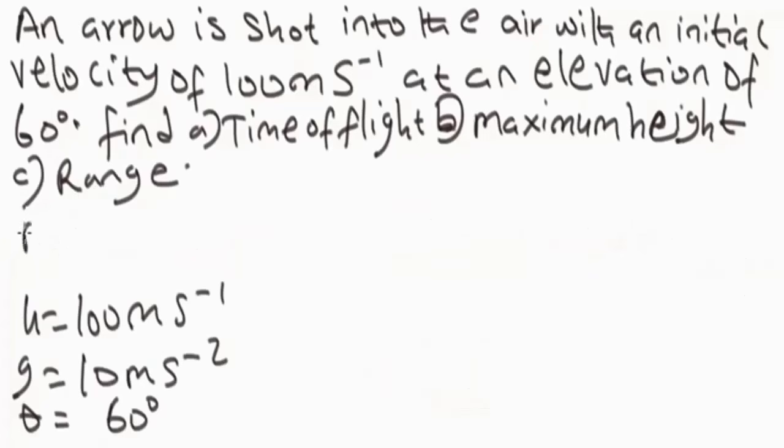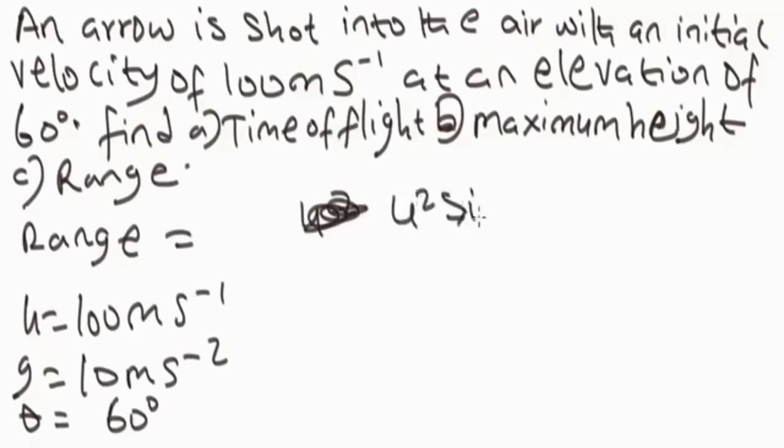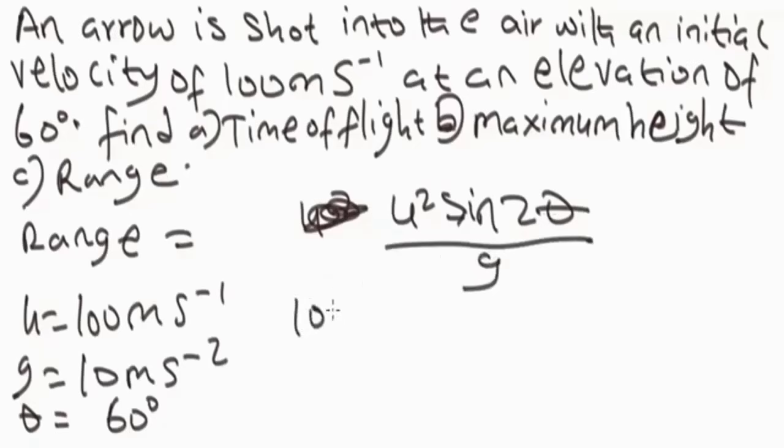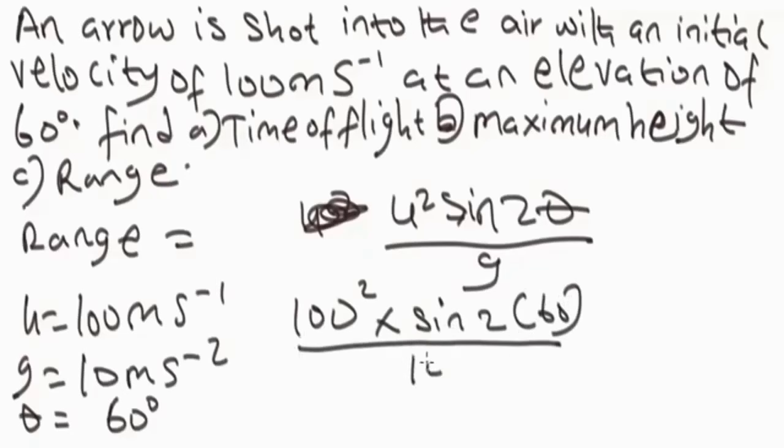Okay, so range is calculated using u squared sine 2 theta over g. When you substitute, you're going to have 100 squared times sine 2 times 60, which is sine 120, over g, which is 10.